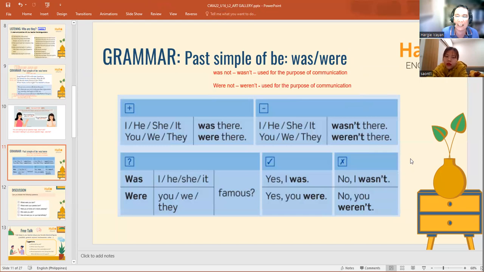Let's say you're writing, dear friend, I was not there yesterday because my head is aching. You put I was not, because that's writing. But for the purpose of communication, please use the contracted form.